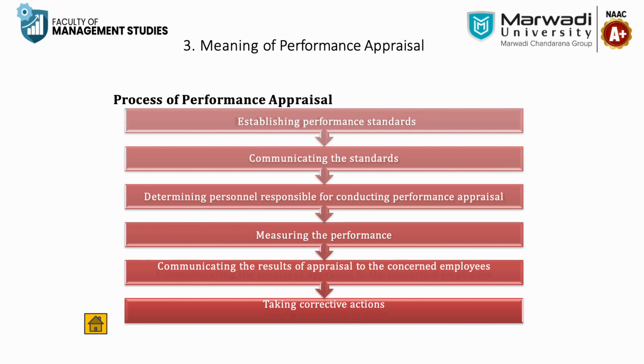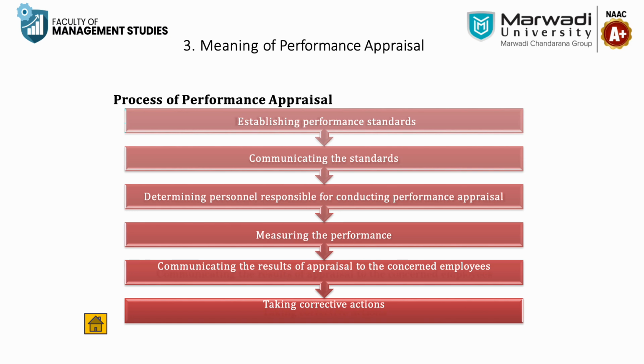Next step, communicating the results of appraisal to the concerned employees. After you measure the performance, you obviously compare the results with the standards. Now what you should be doing is communicate the result of appraisal to the concerned persons and take corrective actions whenever necessary.